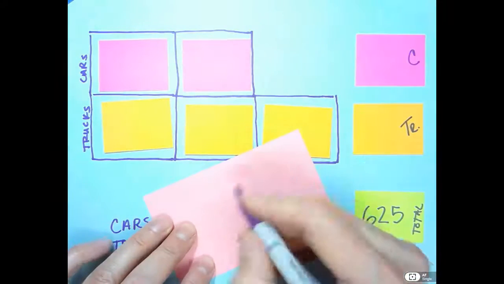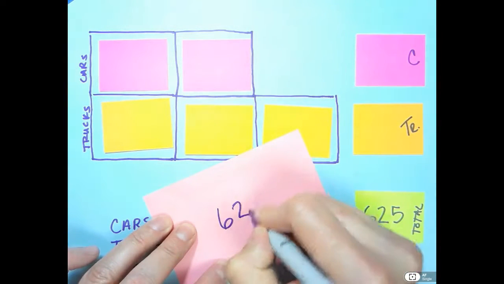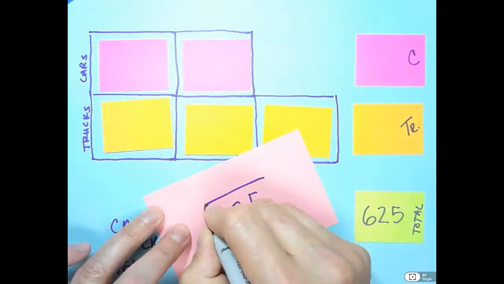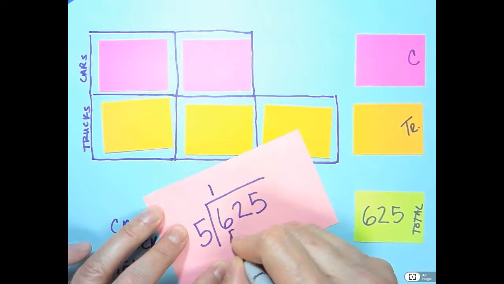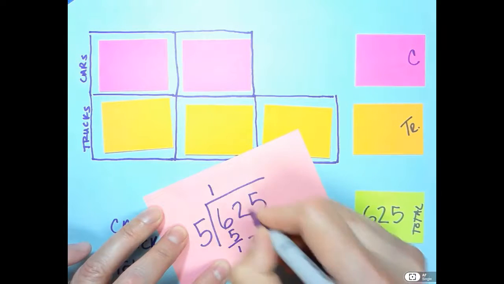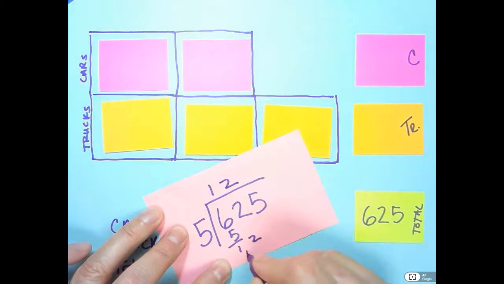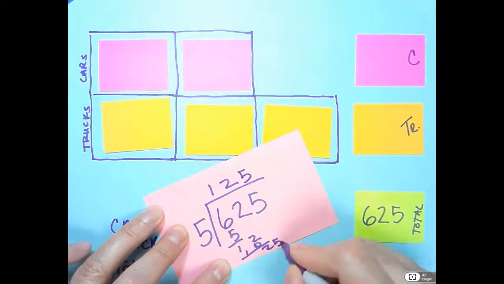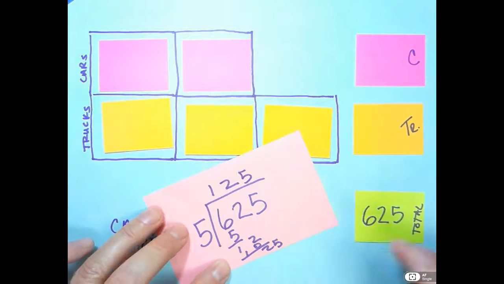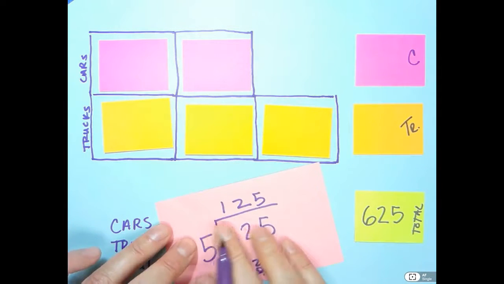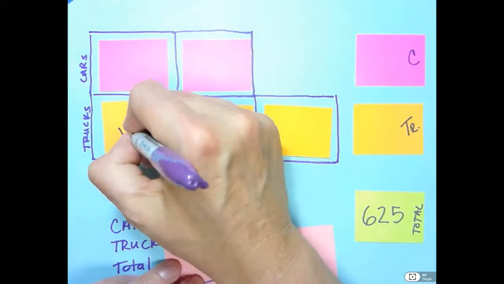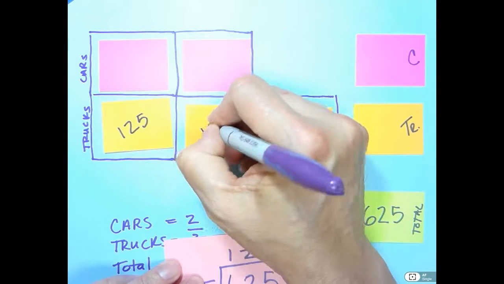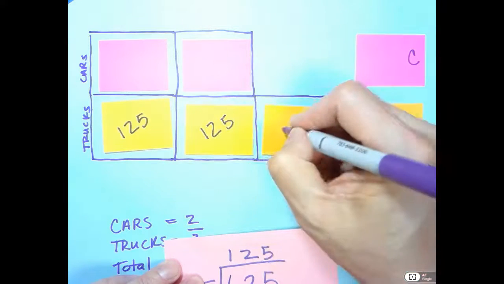So if we take 625 and divide it by 5, and 25 gives us a 0 remainder, that tells us that there are 125 cars in each one of the groups, or 125 vehicles in each group.